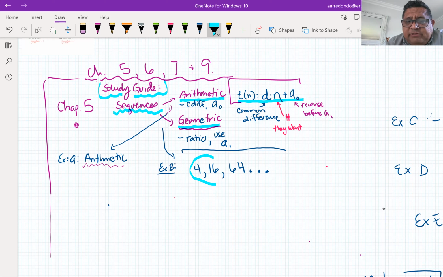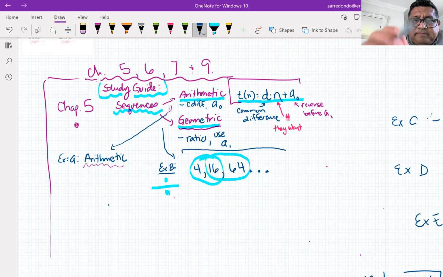Well, you just grab 2 of them and you divide. 16 divided by 4 is 4. 64 divided by 16 happens to be 4.